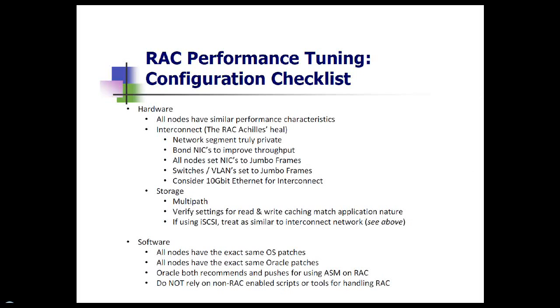A lot of times you'll find that a lot of disk arrays are set up to do 80% read and 20% write caching, or just the opposite. If I'm doing OLTP, I might prefer it one way, and if I'm doing data warehousing, I might prefer it the other. And sometimes just knowing how that's set up can make a huge difference.